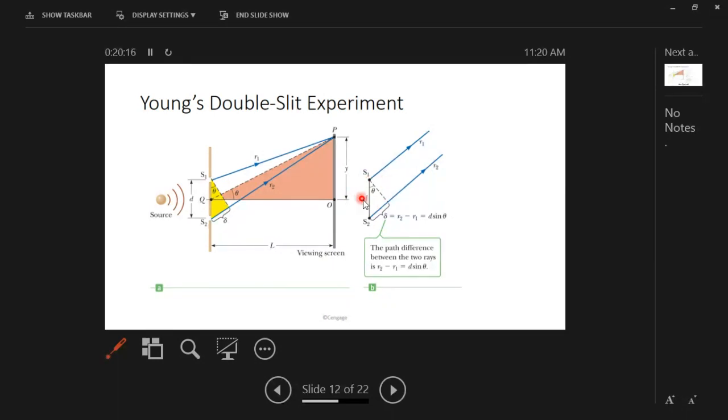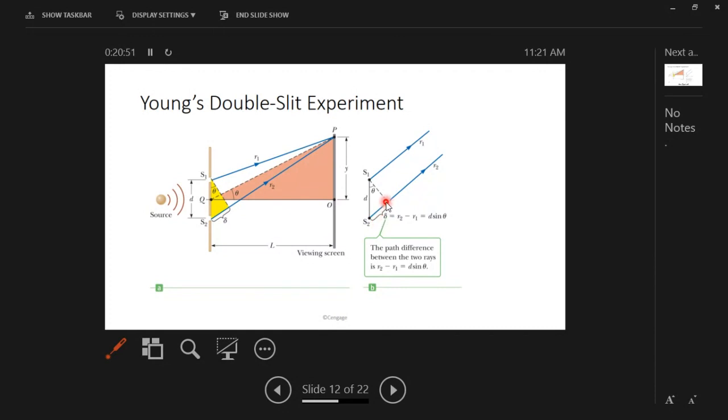As a result, you can draw a line here which is perpendicular to this one, and then you can say this small thing that I have is literally the path difference between the two. That's because from here to the screen would be equal to from here to the screen. So from this point to the screen would be R1. So this is basically the path difference between the two.